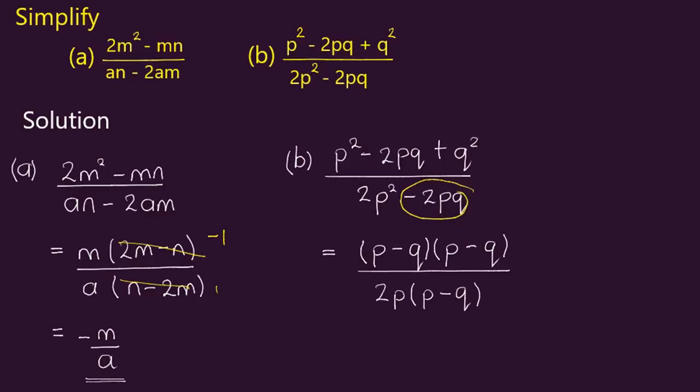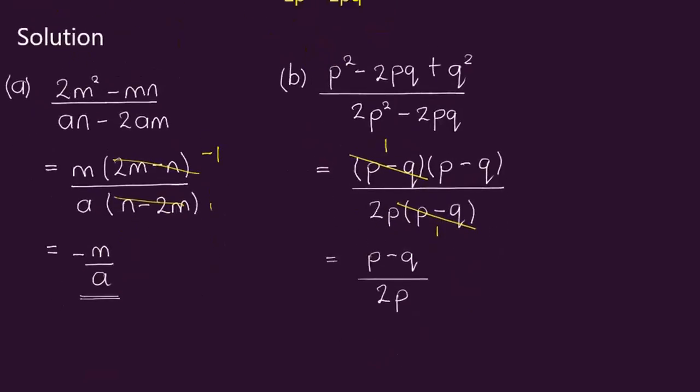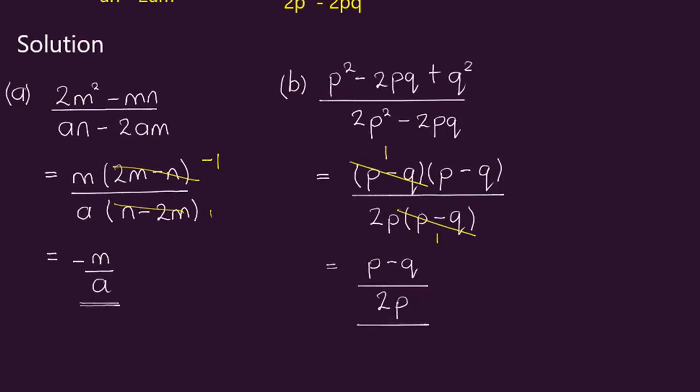Here we can simplify further, because we can cancel out p minus q: dividing p minus q into p minus q, we get 1 and 1, and we are left with p minus q over 2p, and this becomes the solution to part B.